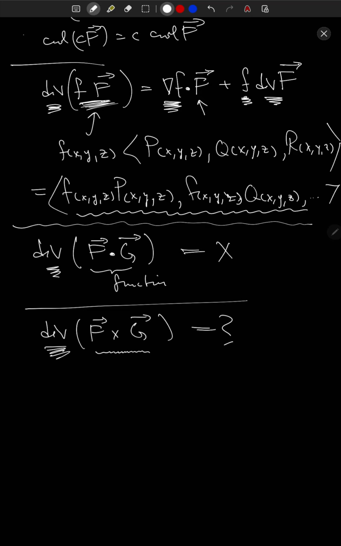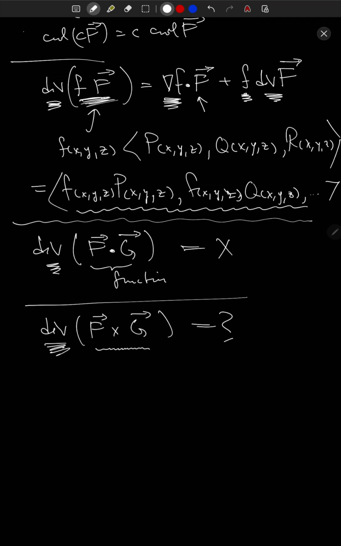So maybe a good exercise for you is to make a hypothesis as to what this guy should be, and then compute it, where maybe you call f p, q, and r, and you call g s, t, and u, and then you confirm it, or you check your hypothesis.